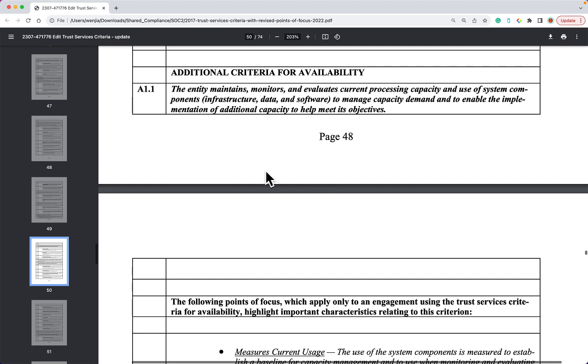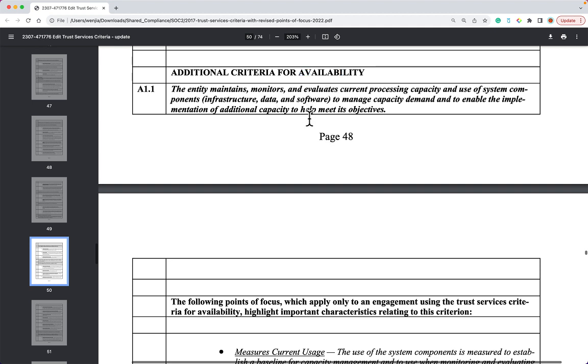So the A1.1, the first principle: the entity maintains, monitors, and evaluates current processing capacity and use of system components, including infrastructure, data, software, to manage capacity demand and to enable the implementation of additional capacity to help meet its objective.